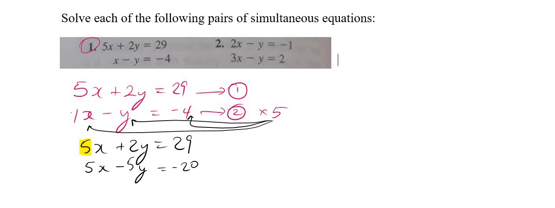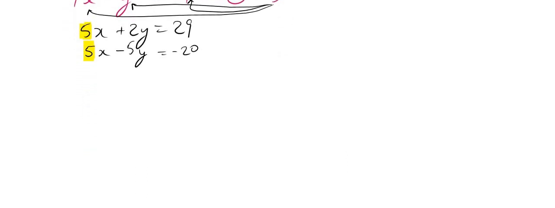The number before the x's is the same, positive 5. If I add them, would I get 0? If I subtract them, would I get 0? Well, if I subtract 5x from 5x, I'll indeed get 0.